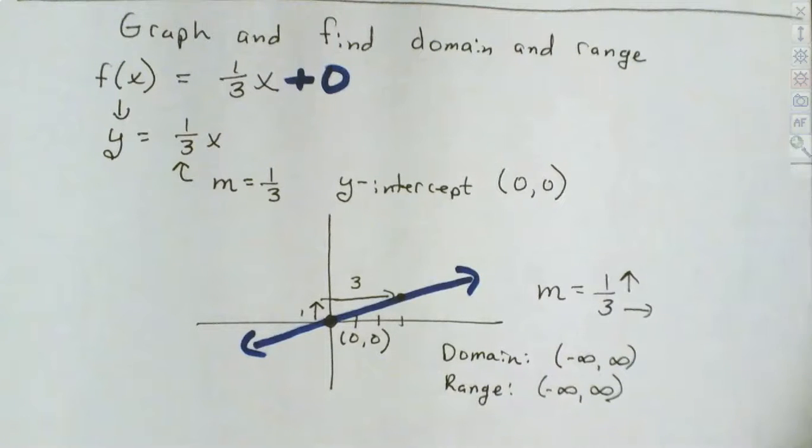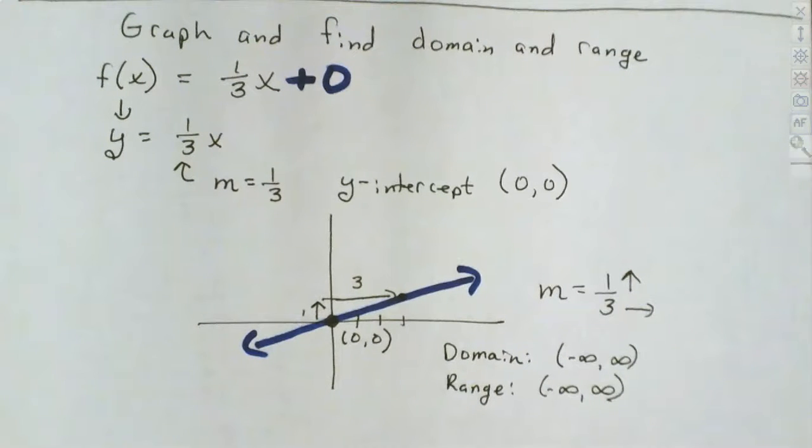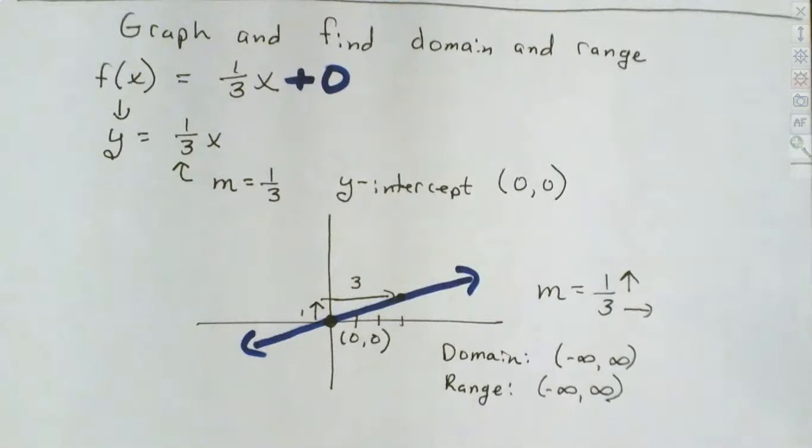Now we do have one more quick thing to look at, and that's how to plug in variables into these functions. And we can change the variable into a different one.